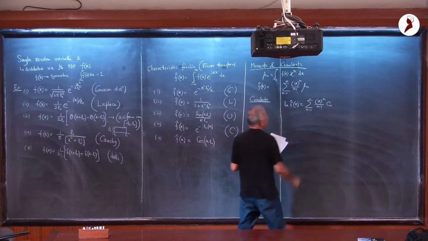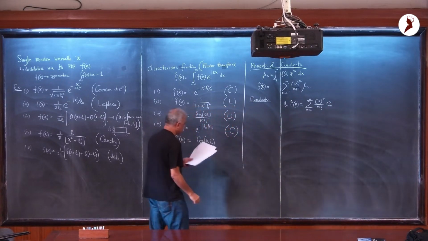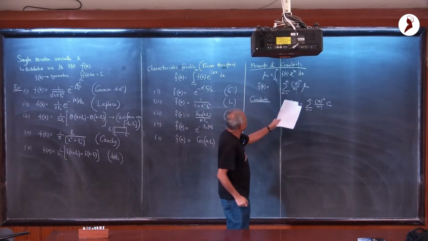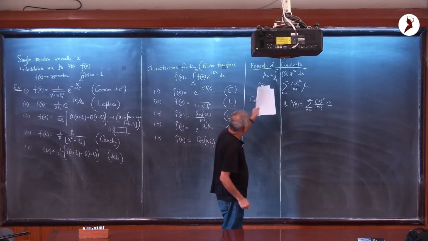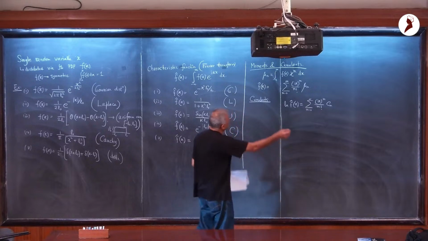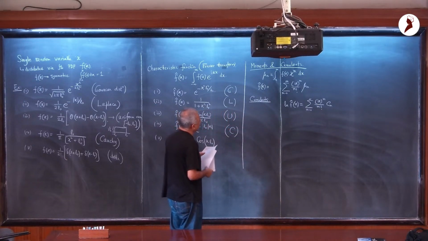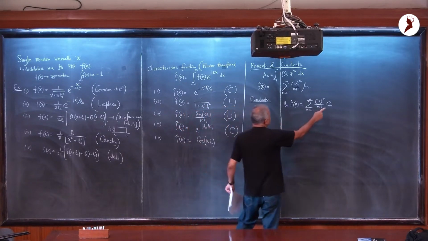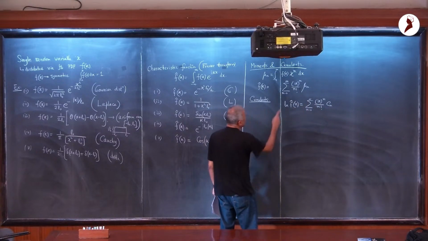And these coefficients are called cumulants. Okay? You can see that they are related to each other, because if I take a log of this guy and just expand in powers of k, I get the cumulants. And so cumulants and moments are related.